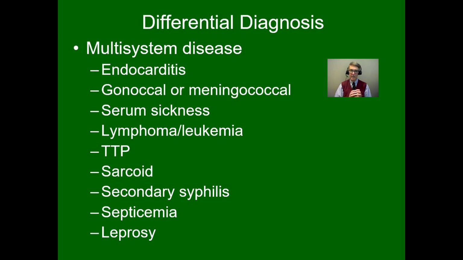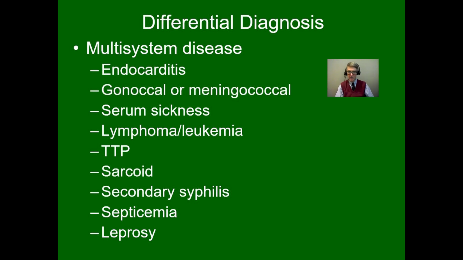Now, occasionally, or even when we do find lupus, it's important to consider other diseases that can affect multiple other organ systems, and I just listed several of them here. We've already talked about endocarditis, which is inflammation of the heart valve, can be associated with things such as weight loss, fatigue. We talked about the splinter hemorrhages.